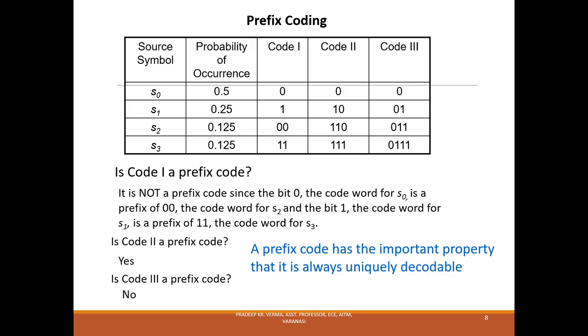One important property of the prefix code is that it is uniquely decodable. So first we have to check if the given code is uniquely decodable or not. As can be seen, code 1 is not uniquely decodable, therefore it is not a prefix code. Then we have code 2.